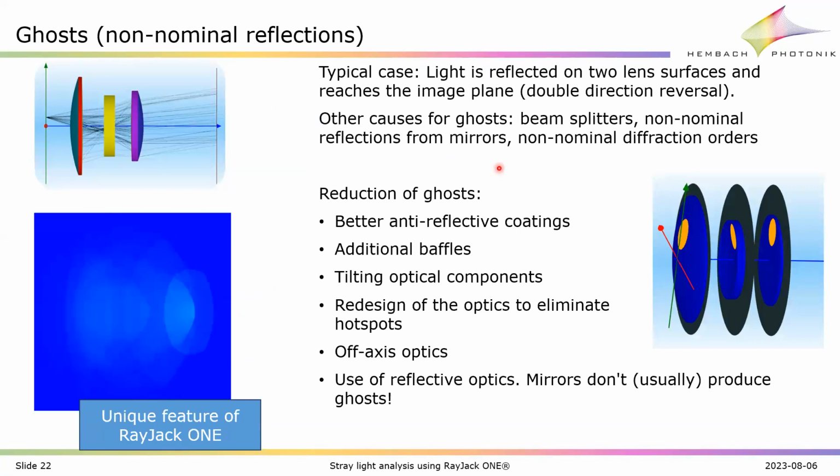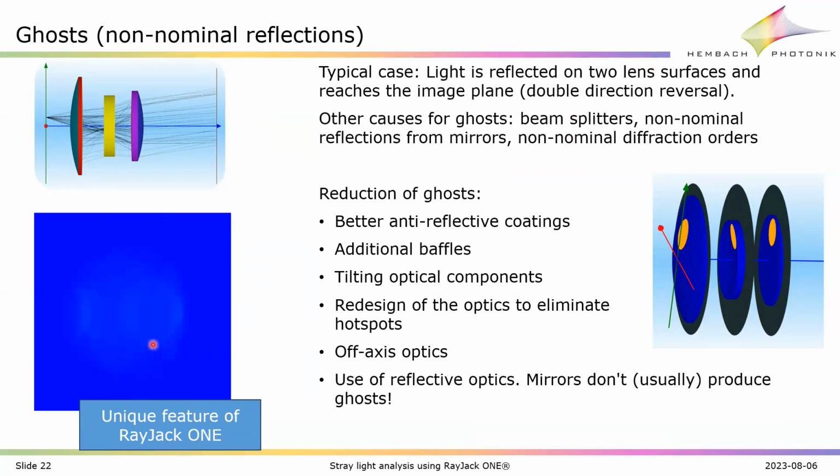Ghosts are non-nominal reflections from optical surfaces, typically from lenses, and through two reflections they may reach the image plane. Other components also contribute to ghosts.